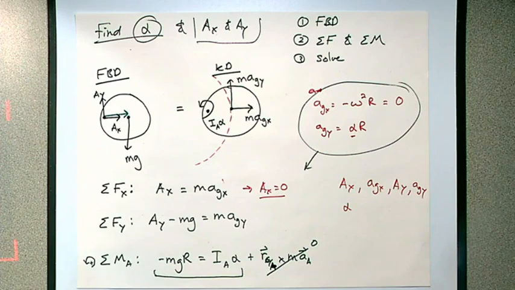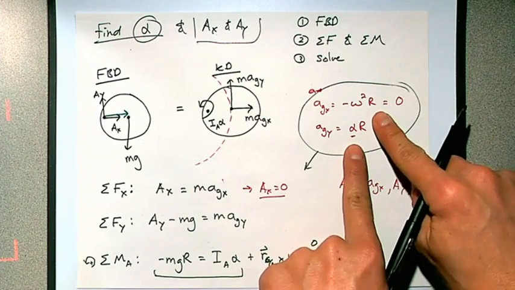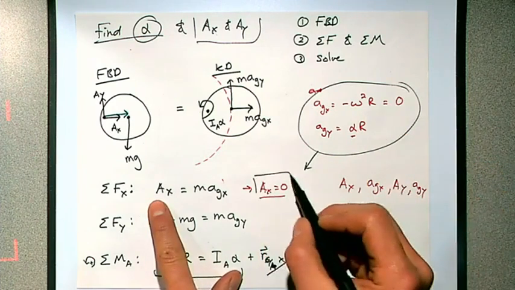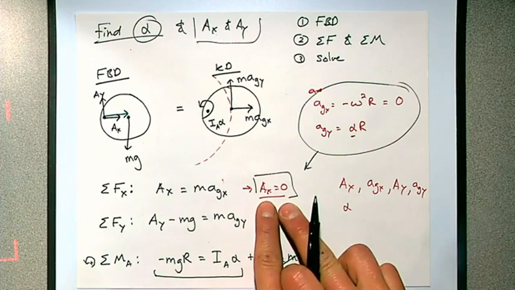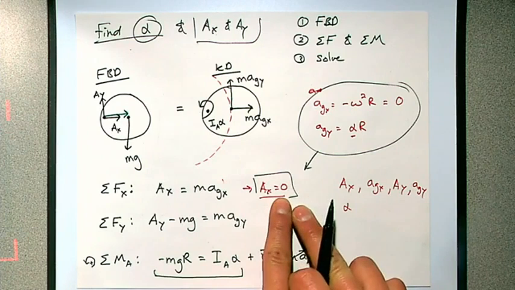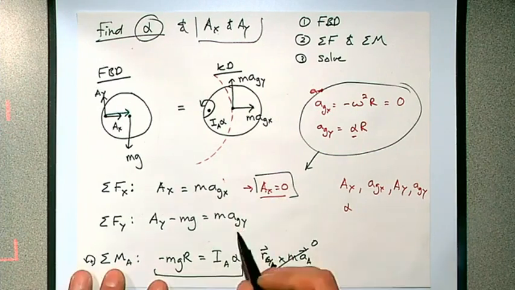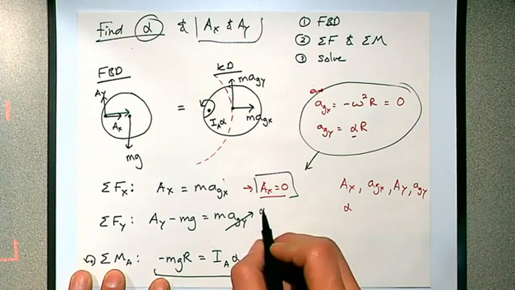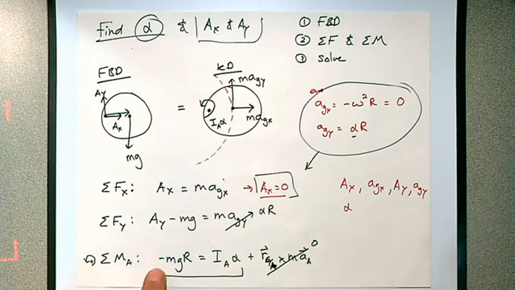And the acceleration of g in the y direction is alpha r. That's what we talked about before, right? That led us to the fact that our reaction force at A in x was going to be 0. And now we know that the acceleration of g in the y direction is alpha r. We can solve for Ay.